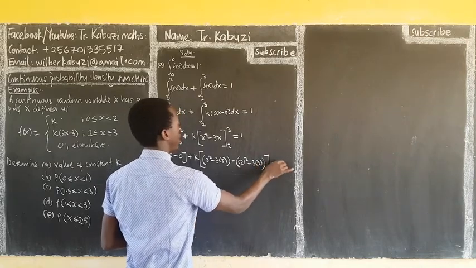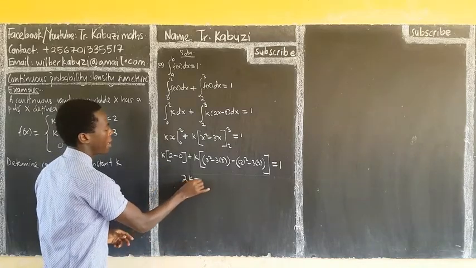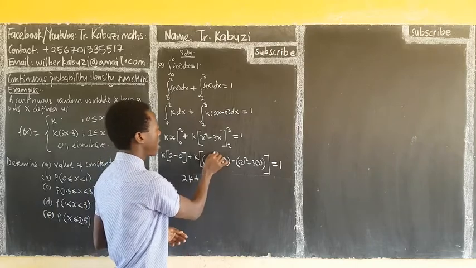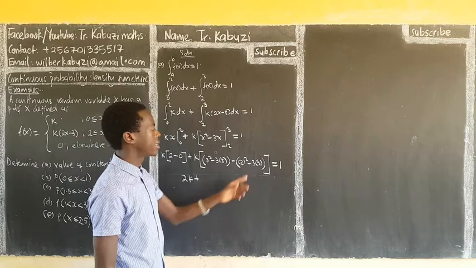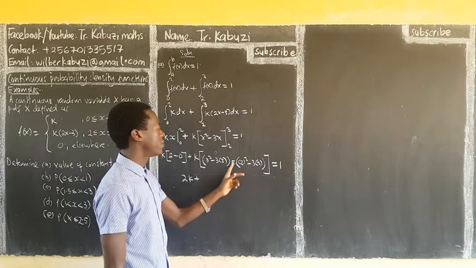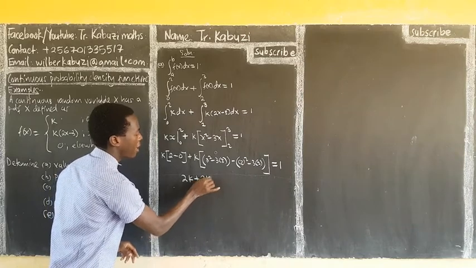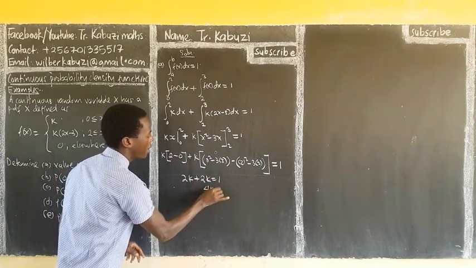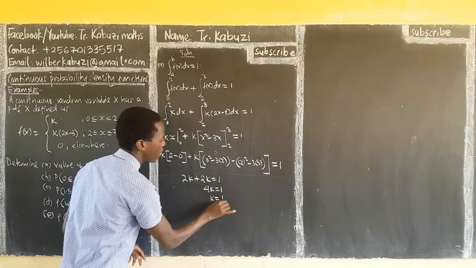Therefore, it's giving us a 1. So this will give us 2k. Then plus 9 minus 9, that will be 0. Then this will be 4 minus 6, which will give us negative 2. This negative and the negative 2 will give us a 2k. So 2k plus 2k equals 1, our 4k will be 1, and so our k becomes a quarter.